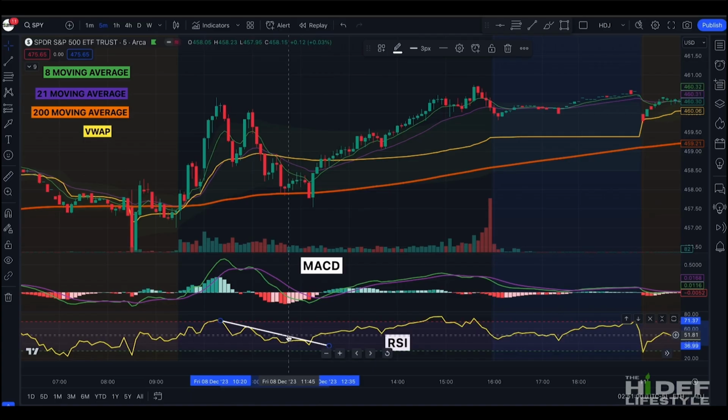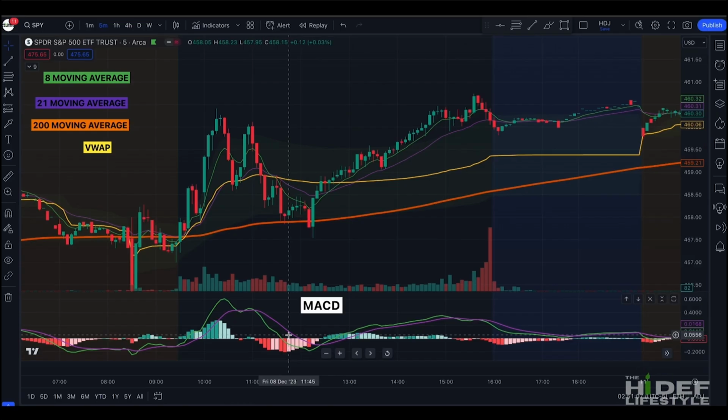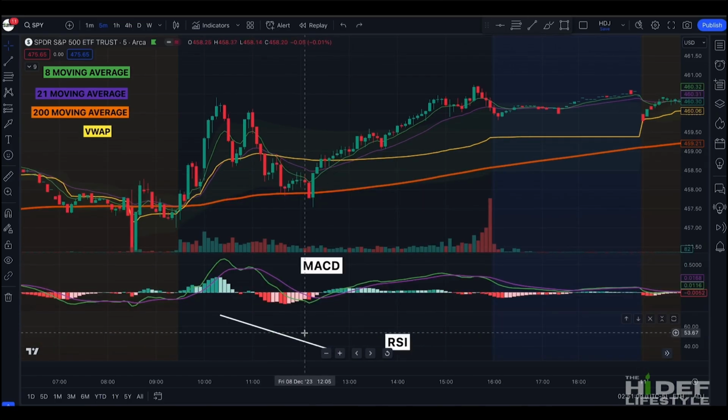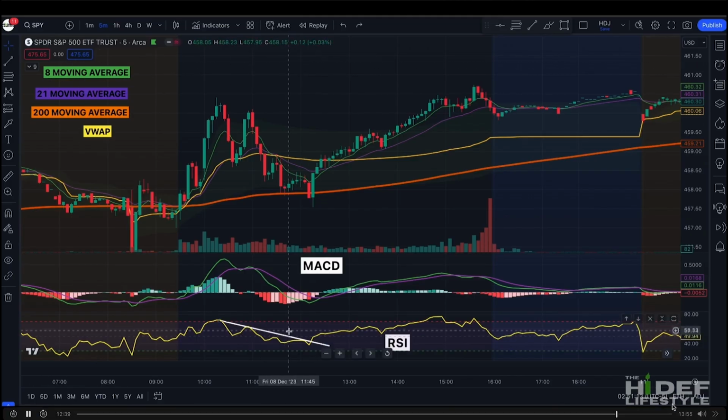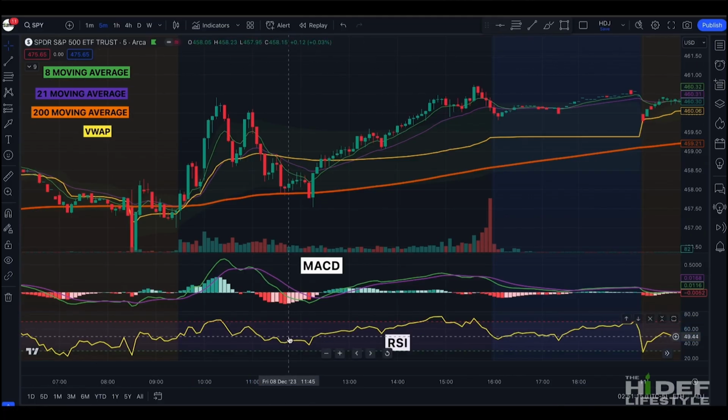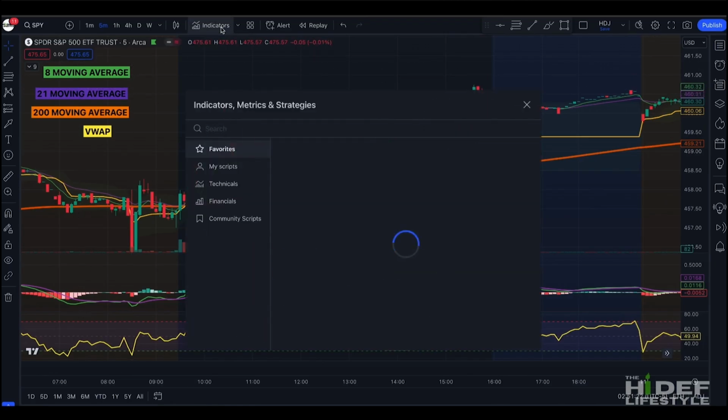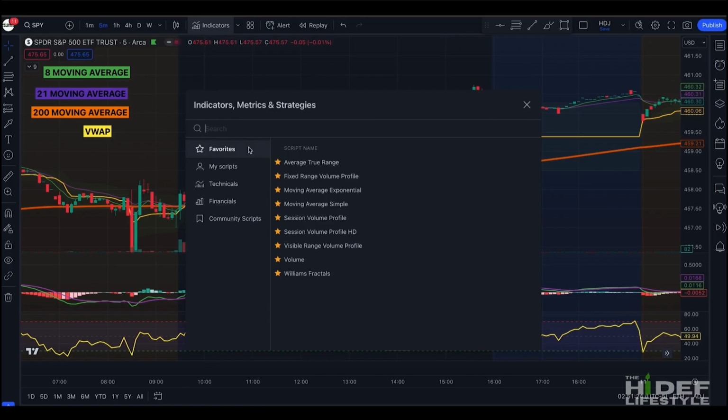So those are reasons that I always use the RSI, the MACD, and the moving averages, and VWAP. And if you are using TradingView and you want to add anything, you'll just go up here to indicators and just type in whatever it is.